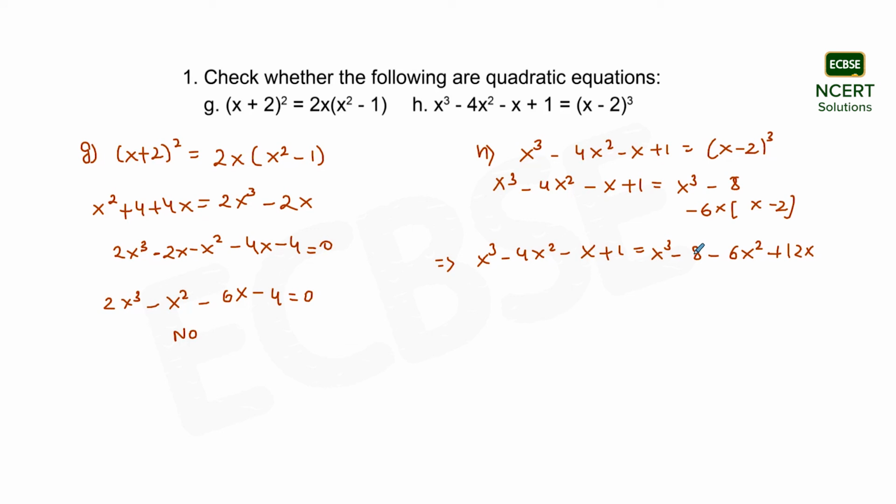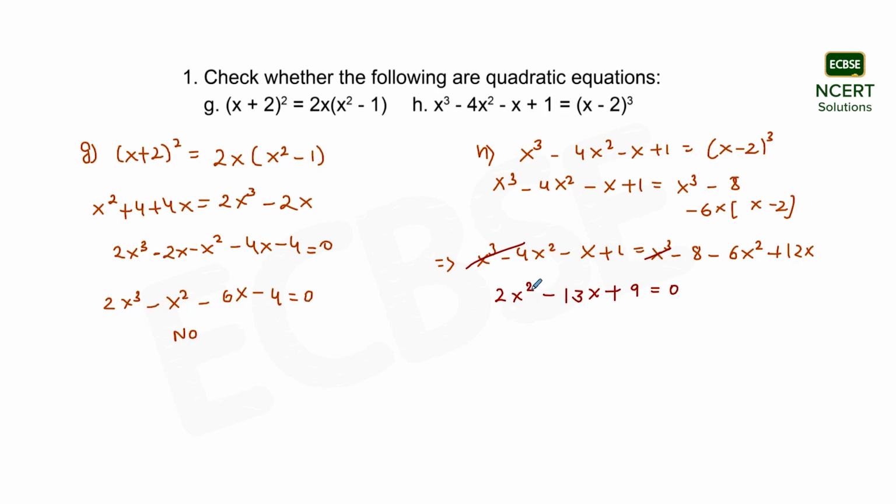Now, just simplifying this by taking the right hand side terms to the left hand side, it's clear that x cube is there in the left hand side as well as in the right hand side, so it can easily be cancelled out. So here I'll be getting 2x square minus 13x plus 9 is equals to 0. As I can see clearly, the highest power of x in this equation is 2.